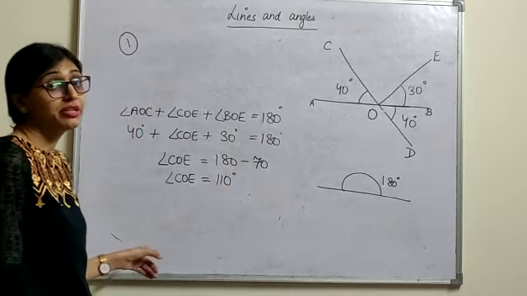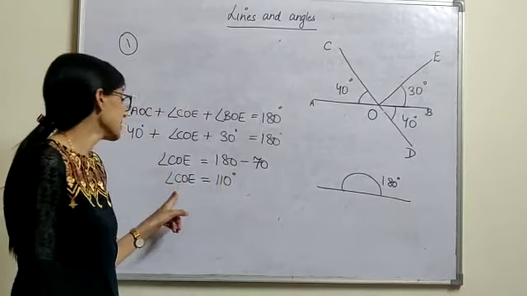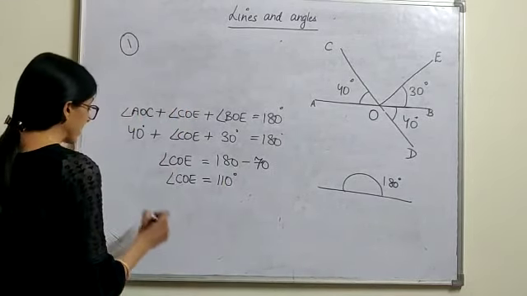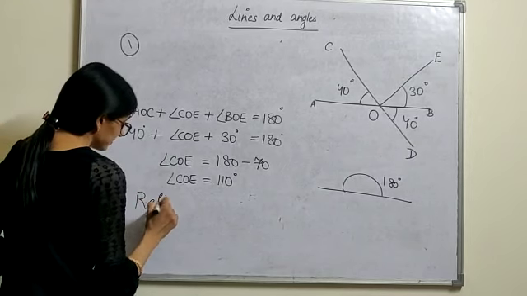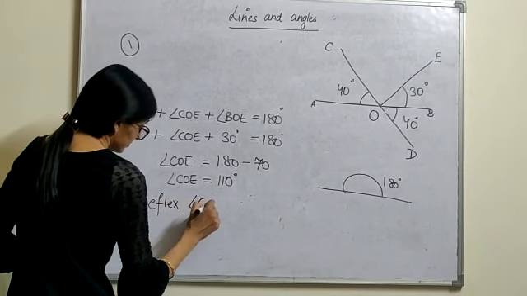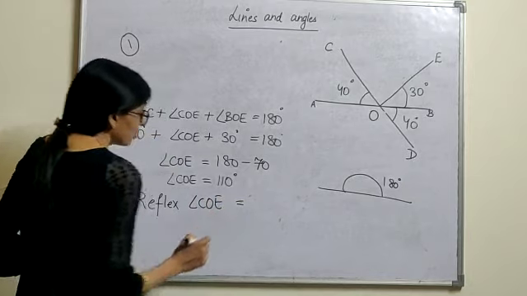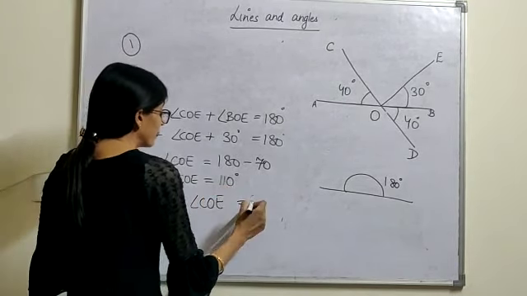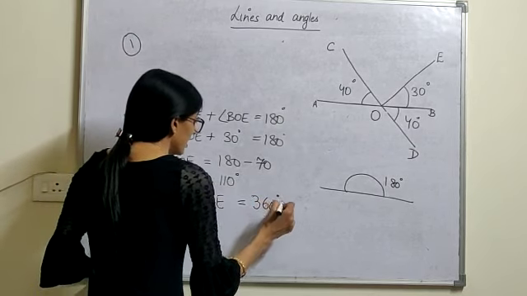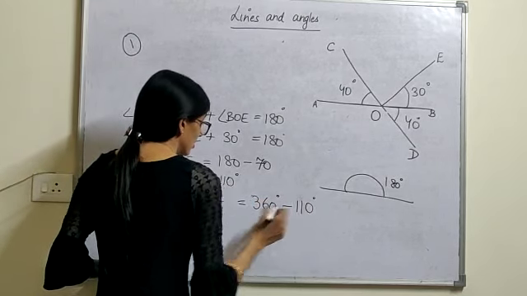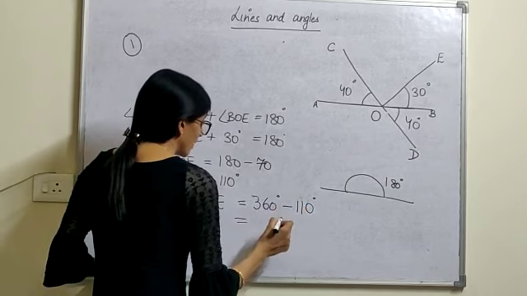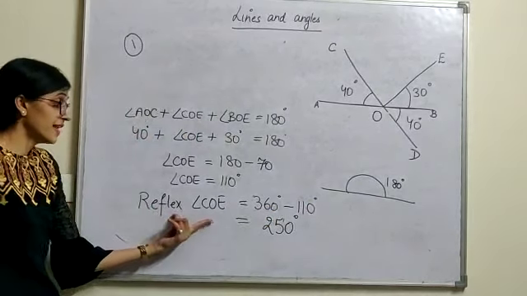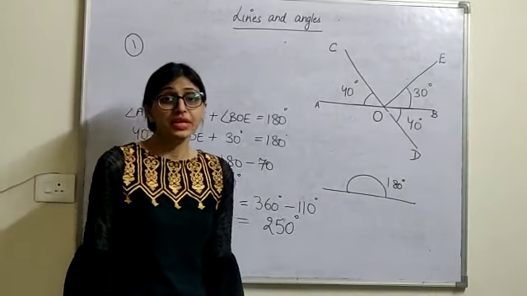Now the thing you need to understand is, this is angle COE, but we have to find reflex angle COE. Whenever the word reflex is there, you have to subtract the given value from 360 degrees. So it comes out to be 250 degrees. So reflex angle COE is 250 degrees.